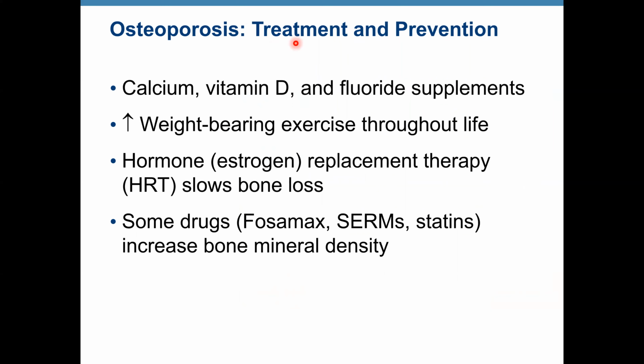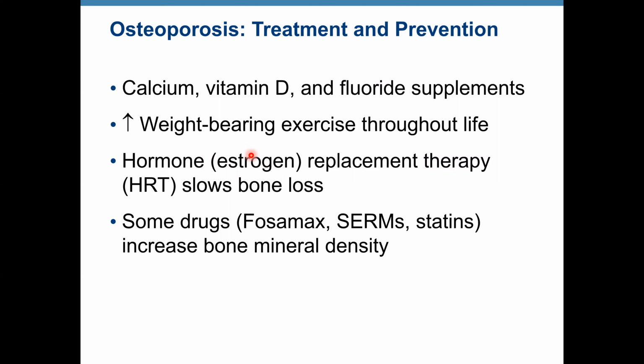Treatment for osteoporosis: calcium, vitamin D, and fluoride supplements, and increased weight-bearing exercises throughout life. Sometimes they can use hormone replacement therapy, giving estrogen, but they don't use it that much anymore.